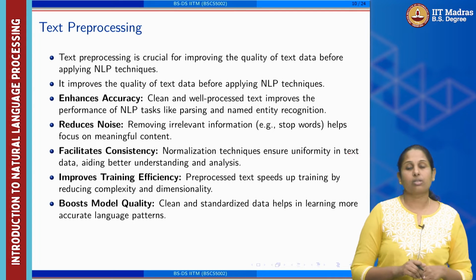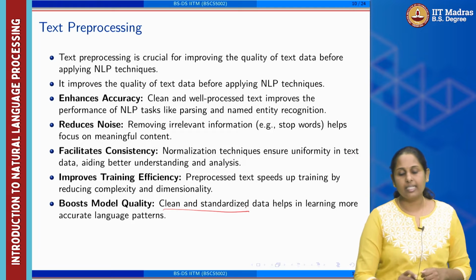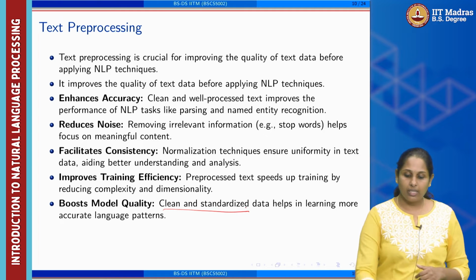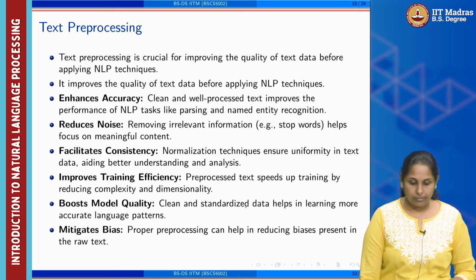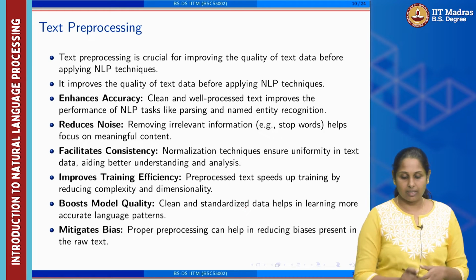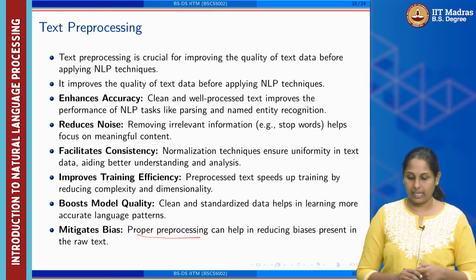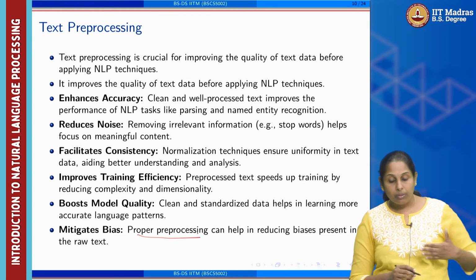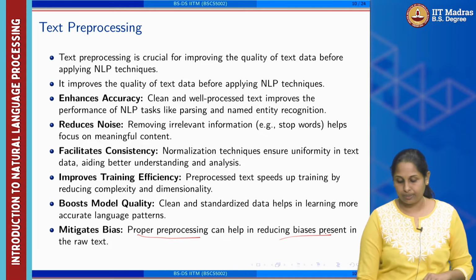And it boosts model quality too, because clean and standardized data helps in learning more accurate language patterns. And it mitigates bias in certain cases, because with proper pre-processing and understanding what kind of bias the data has, if we are able to remove it, it reduces the bias present in the raw text.